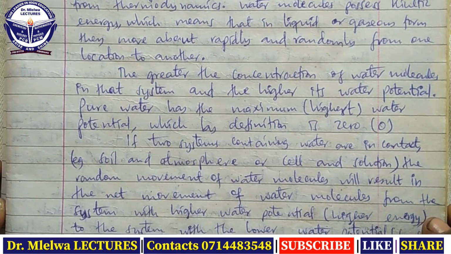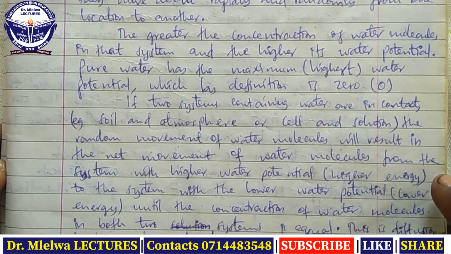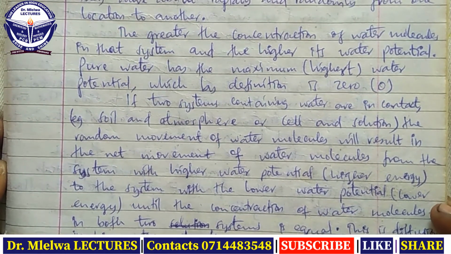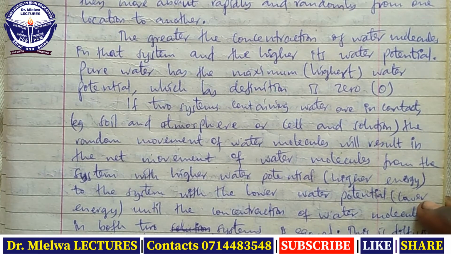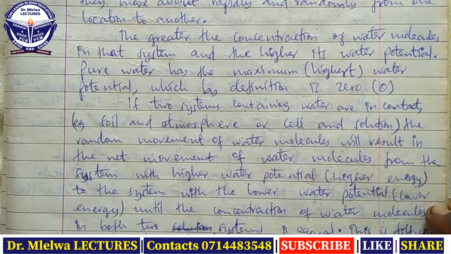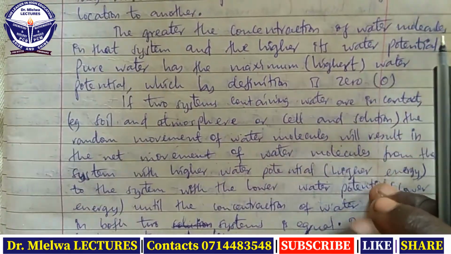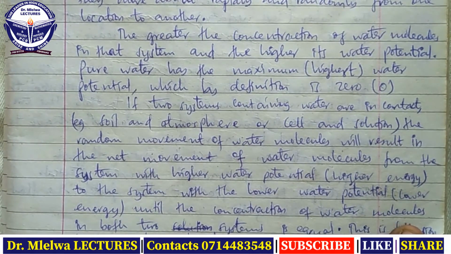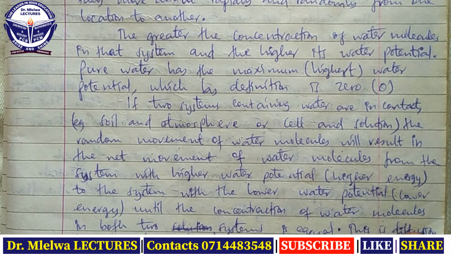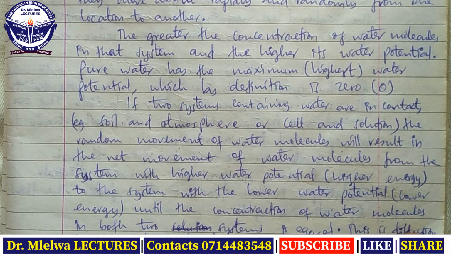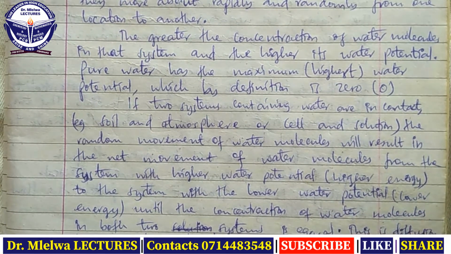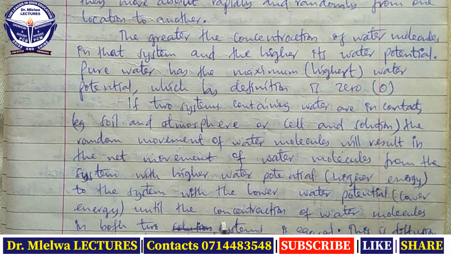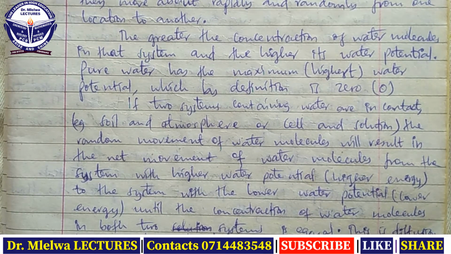Depending on which system, the cell or the solution, has the higher water potential or higher energy to move water, that side will result in the movement of molecules from that side to the other side, until the concentration of water molecules in both systems is equal.